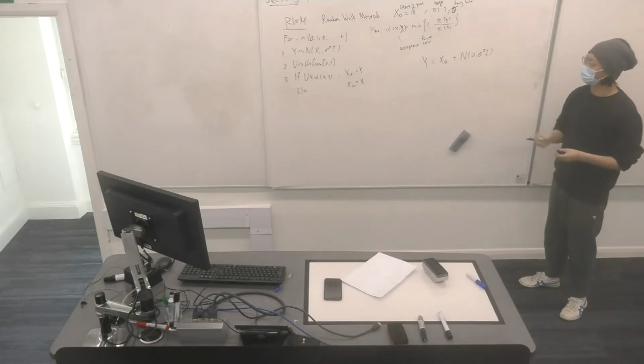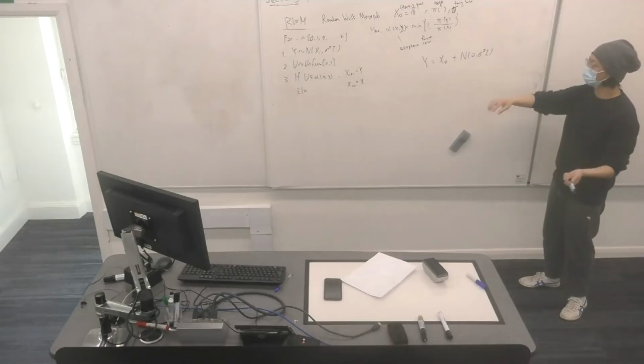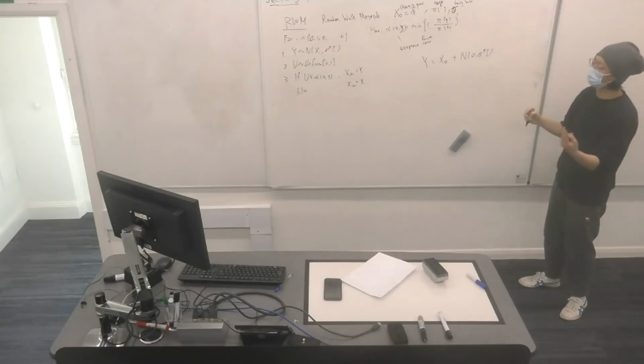Now, this I is there because we can do this for any arbitrary dimension. If it's just one dimension, we don't need I. But if it's two dimensions, then we put I here, where I is the 2 by 2 identity matrix. So this becomes a multi-dimensional Gaussian random variable.